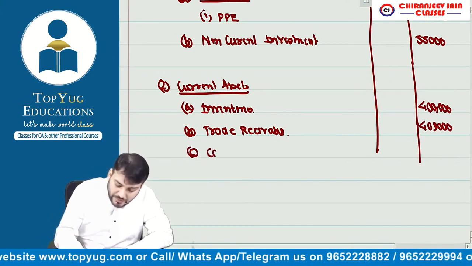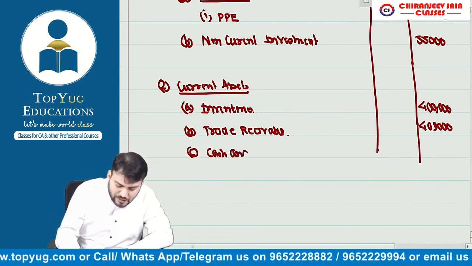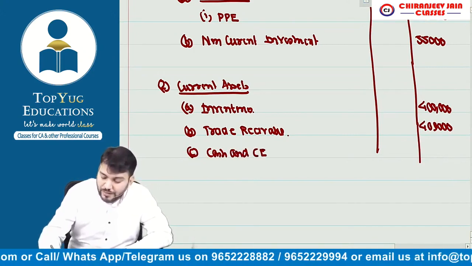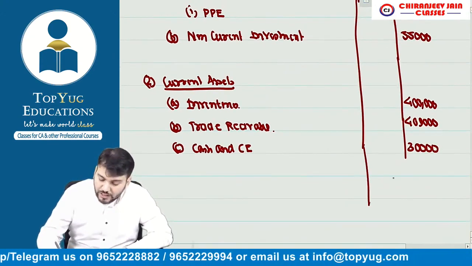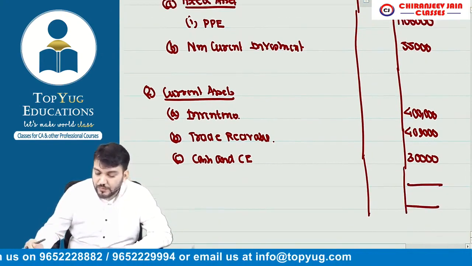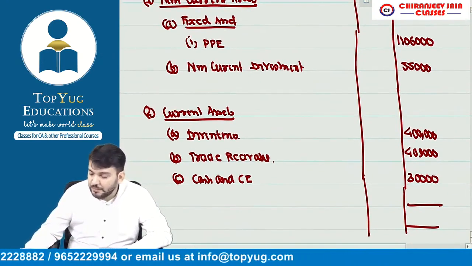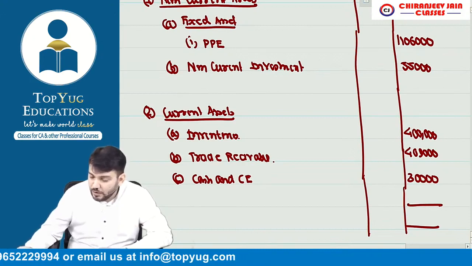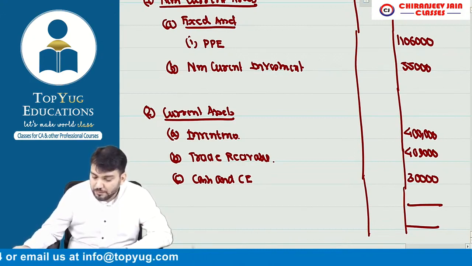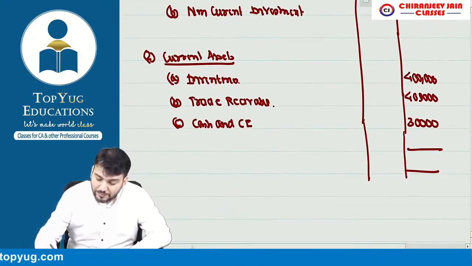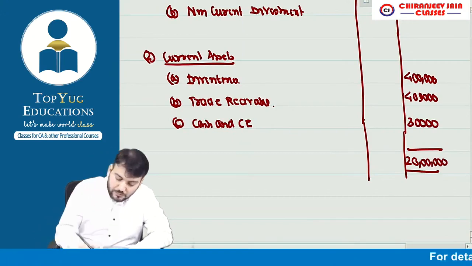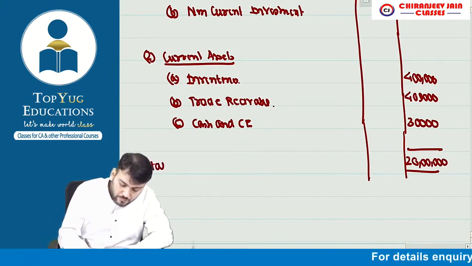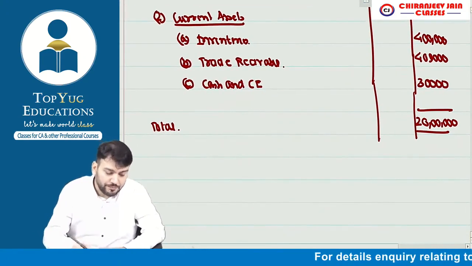Then see cash and cash equivalent. That is 30,000. Already we have prepared the bank account, and the P&L account will not come. We will check whether the balance sheet is tallied or not. So it is 11 lakh 6 plus 55 plus 400 plus 409 plus 30 is equal to 20 lakh. 20 lakh tallied. Simple.